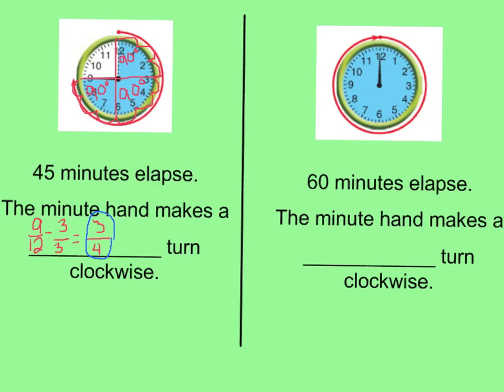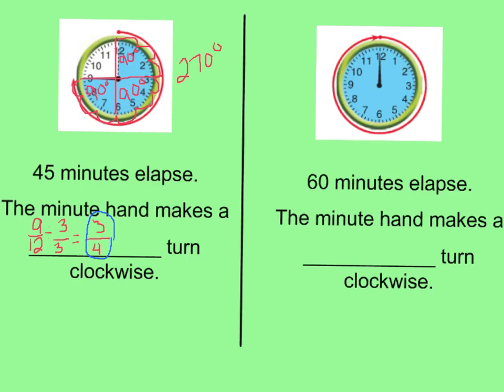Well, 90 plus 90, remember that is a straight angle, and that is 180. 180 plus another 90 degrees would be 270 degrees. So we can say that it equals 270 degrees of a turn.